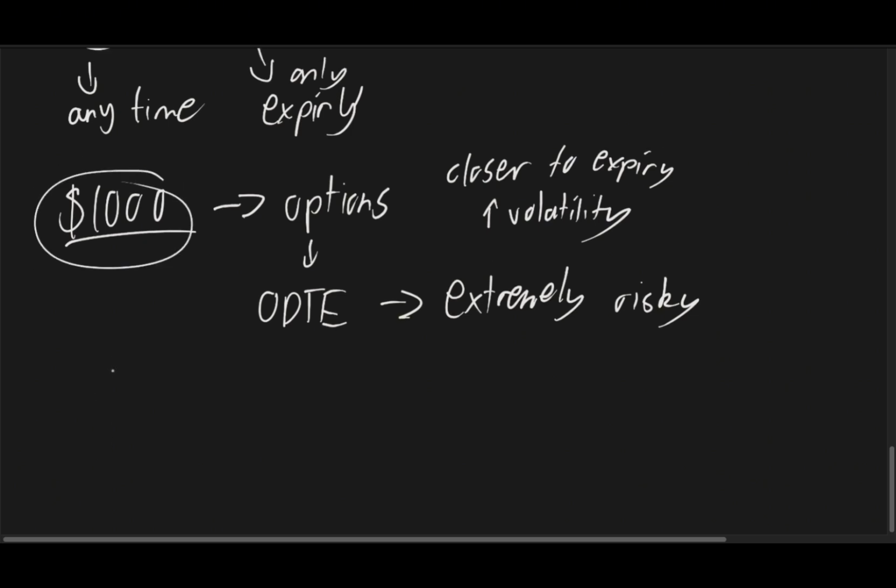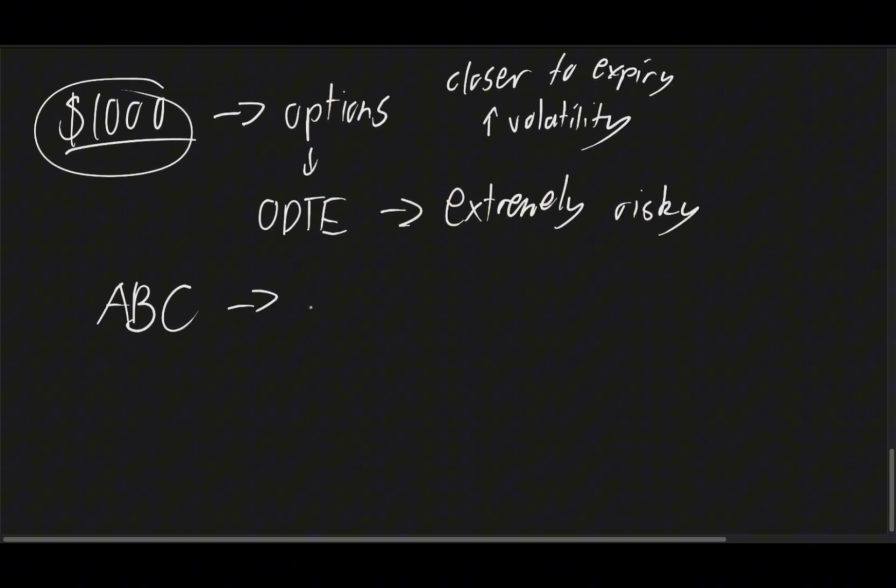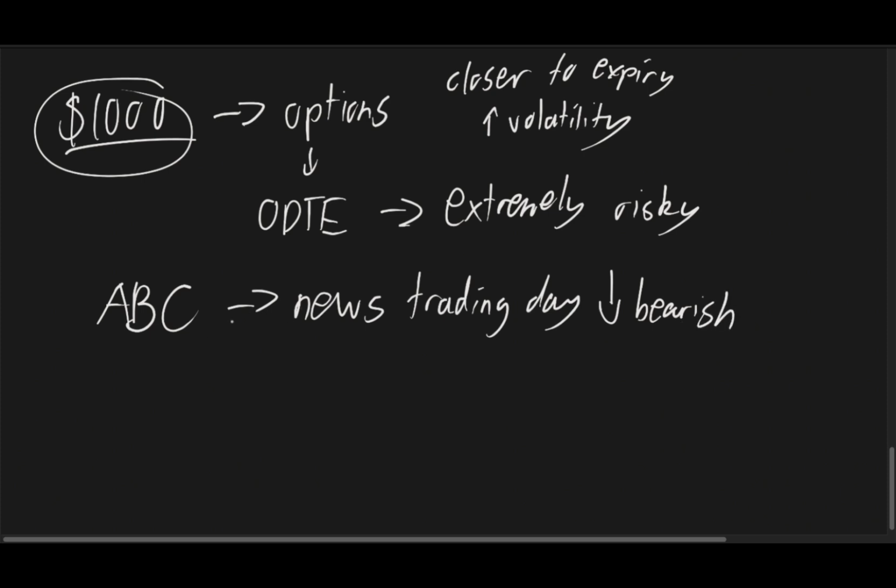Let's give an example. Let's do ABC's stock, okay? Let's say you believe that there will be some news during the trading day. I don't know how you would figure this out, but just as an example, say it would be bearish. You could open up put options.